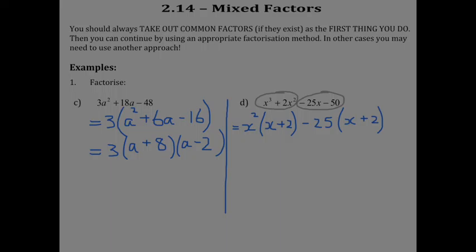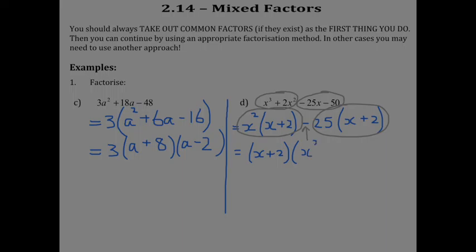Now when I look at this question, let me just highlight it, there's my first part, there's my second part, they're separated by that minus sign. So in effect, it is a two-term question where I've got a common bracket of x plus 2. So let's write down the common bracket. And the leftovers are the x squared and the -25.